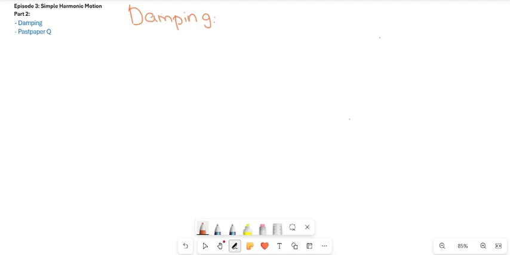So if I were to write it in proper words, it is the reduction in the energy, or you can say amplitude as well. It is the reduction in the energy or amplitude of oscillations by resistive forces.